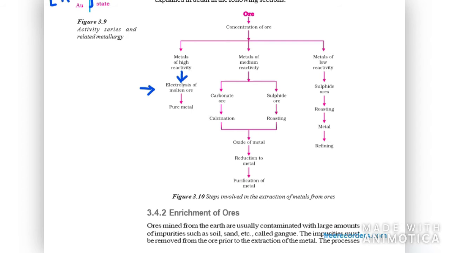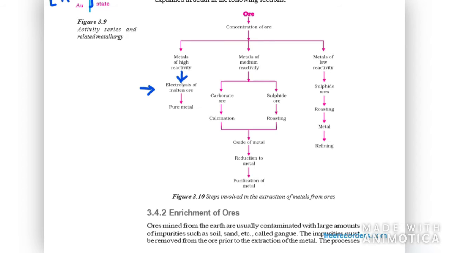Molten means liquid form. So if we do electrolysis of any ore which is in molten state, we can get pure metal directly. So for high reactivity elements such as potassium, sodium, aluminium, they can be electrolyzed to get pure metal.